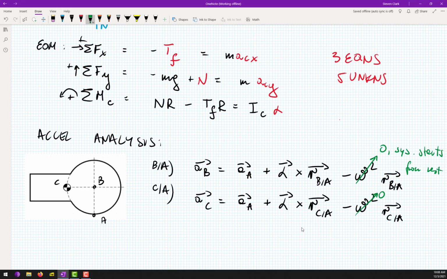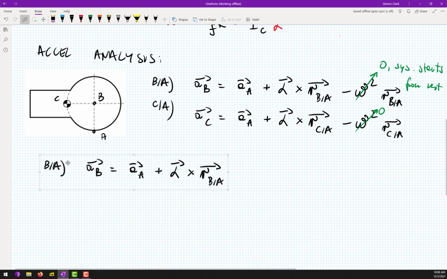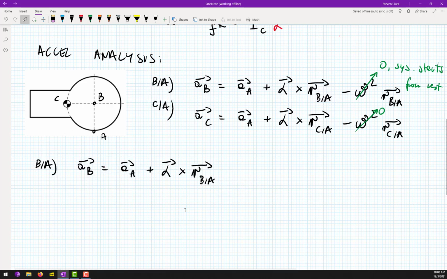Okay, so let's start with the first equation. What can you tell me about AB? AB will have in general these components, ABX, ABY, and 0, but one of them will be 0.